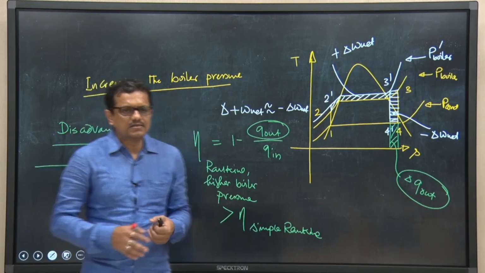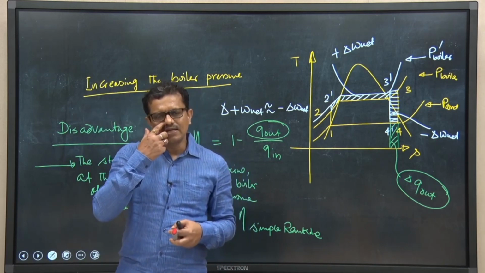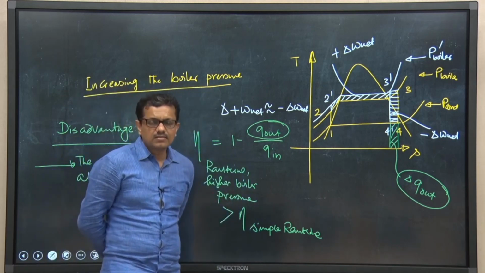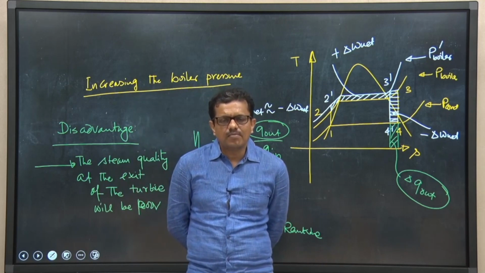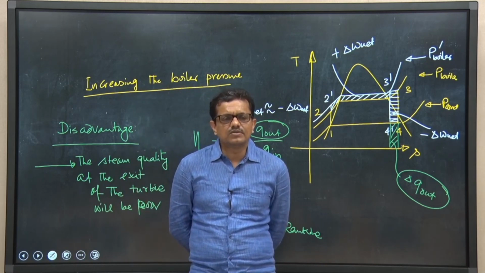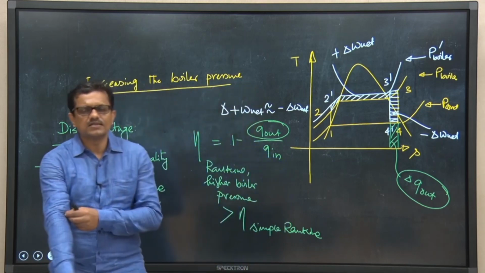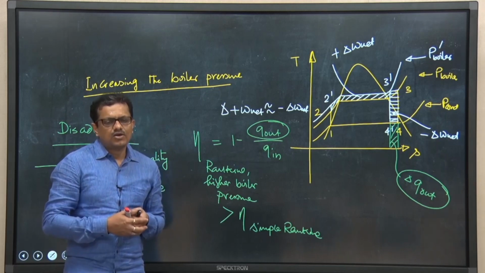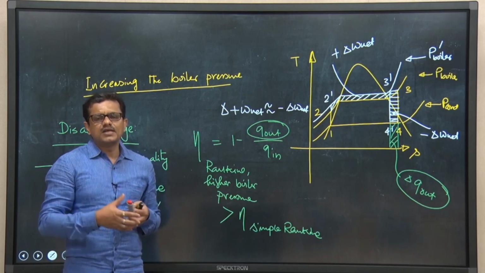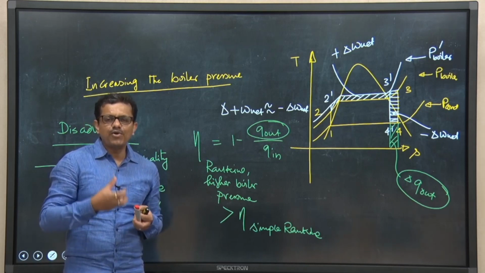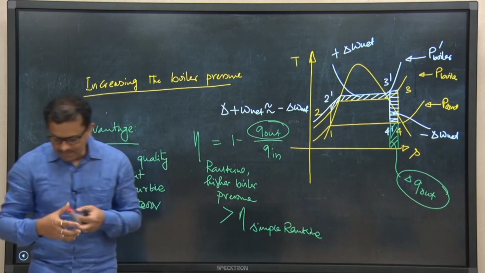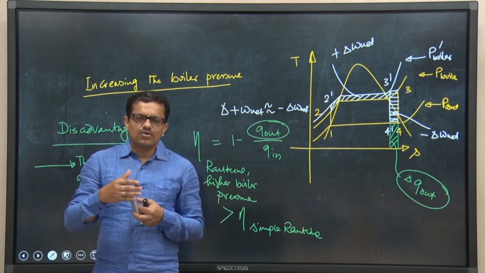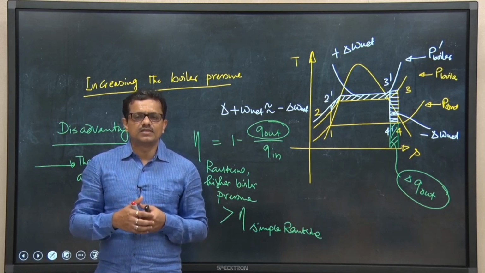Though modifications are there, employing either of these modifications we can increase the efficiency of the cycle, but at the same time we are also going to introduce other problems. The reheat cycle seems to be an alternative, to be precise, for increasing the efficiency of the plant, essentially by exploiting the high boiler pressure and superheating the steam, but at the cost of increasing the quality of the steam at the exit.